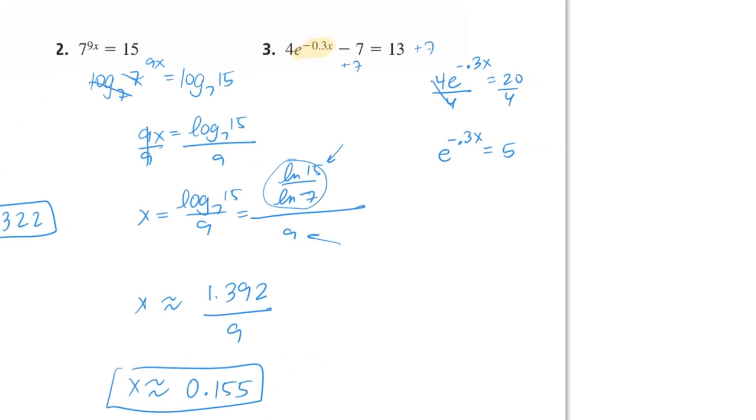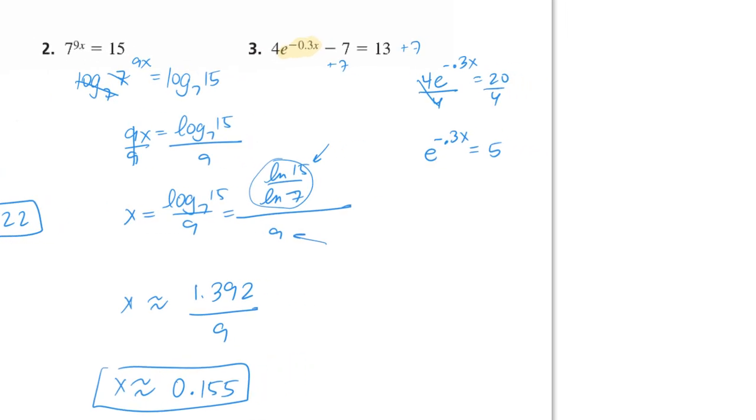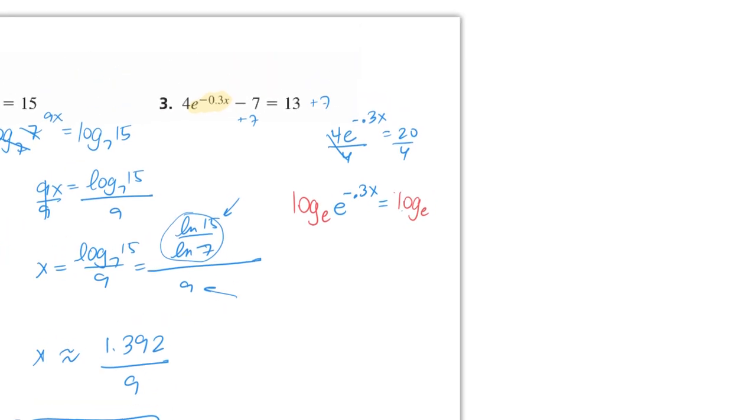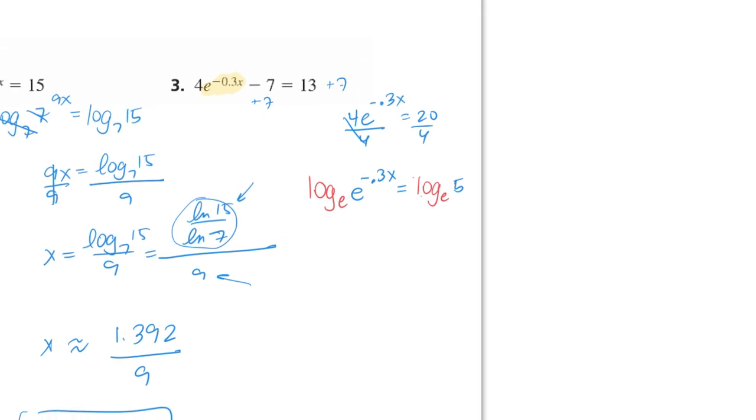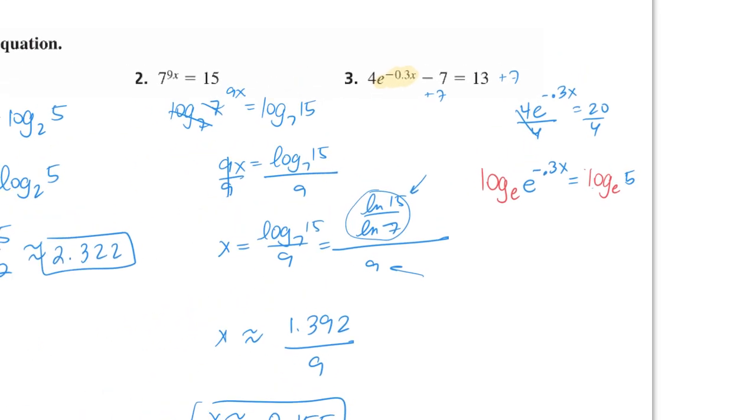And so here I'm at this point, so e to some power equals 5. Well, I'm just going to insert log base e to both sides. So over here, this is going to become log base e of 5. Okay, so again, the log base e and e will cancel, negative 0.3x.